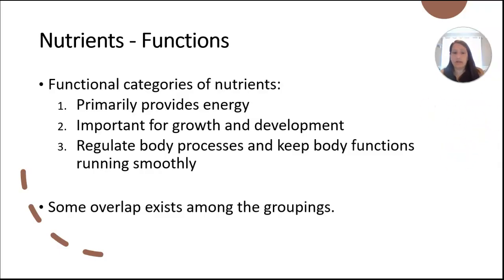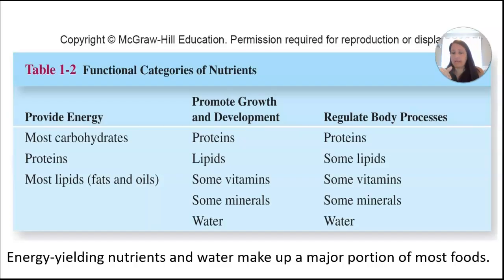And so on the next table, we break them up by functional category. Okay, so again, we're talking about carbohydrates, lipids, proteins, vitamins, minerals, and water, talking about what do they do. So these are broad categories or functional categories that we can break them up into. So providing energy, carbohydrates are going to be kind of our main energy providers.